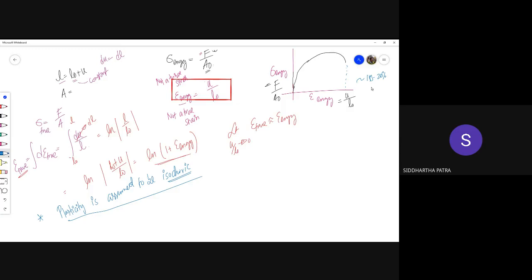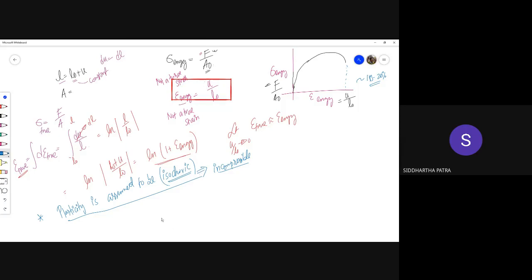The volumetric strain would be much smaller compared to this value, and therefore the material under plastic deformation can be assumed to be incompressible. The material can be thought of as incompressible, and plastic deformation can be thought of as isoporic, that is volume preserving.